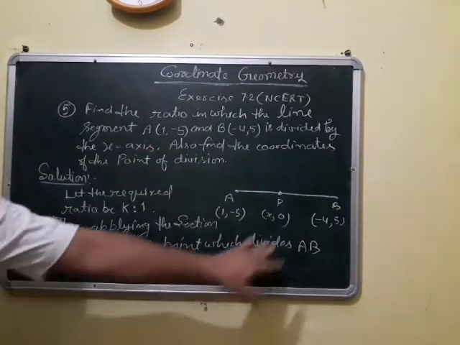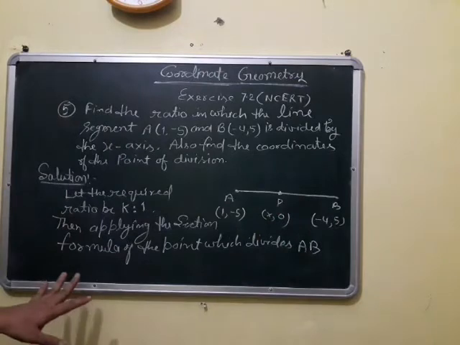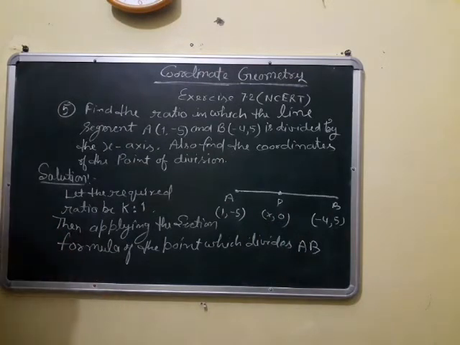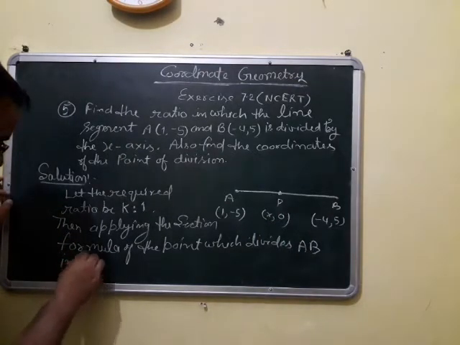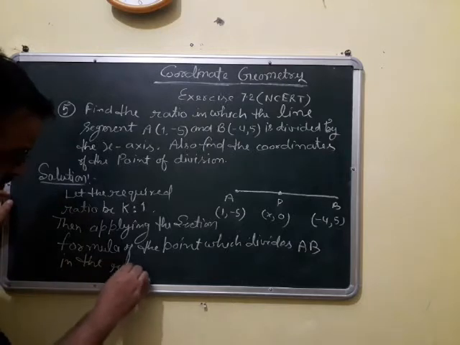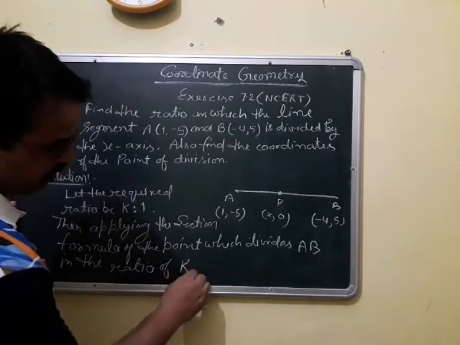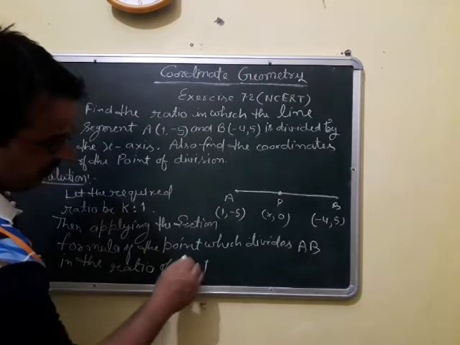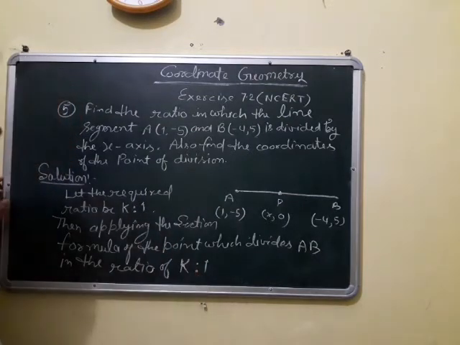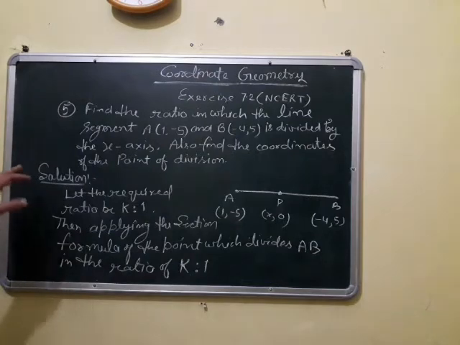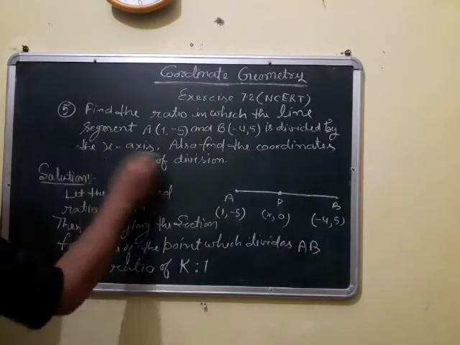Now which point is dividing AB? In the ratio of K:1. Clear? Now look here.